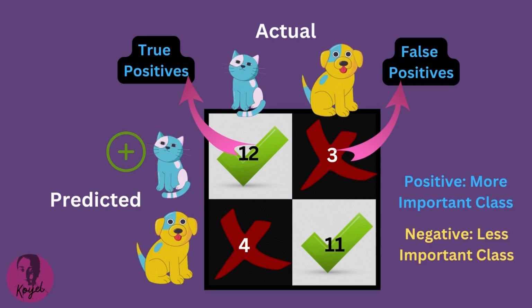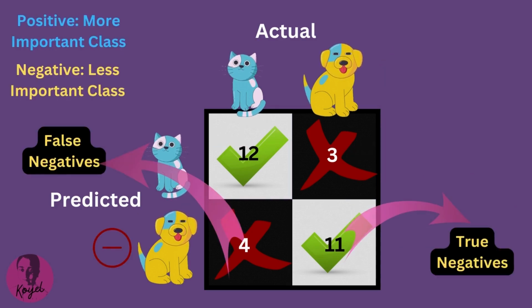The top right cell represents those cases which the model incorrectly classifies as cats when they were actually dogs. For this, they are called false positives. I know these terms are intimidating. Please don't get stressed out as I would be sharing my special tricks in this single video, so keep watching.